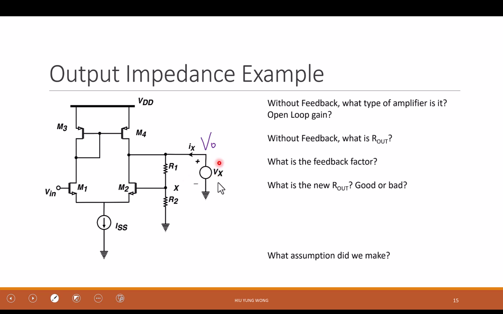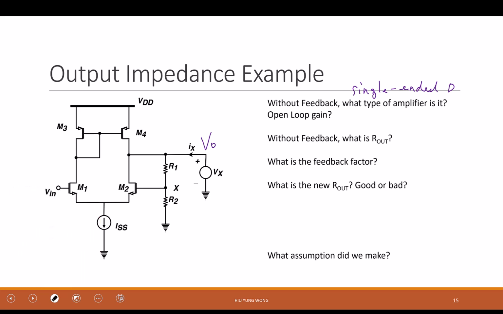But now we don't want to do this small signal. Just this circuit without feedback. What type of amplifier is that? Differential amplifier, single-ended differential amplifier, right? I'm saying without feedback, right?